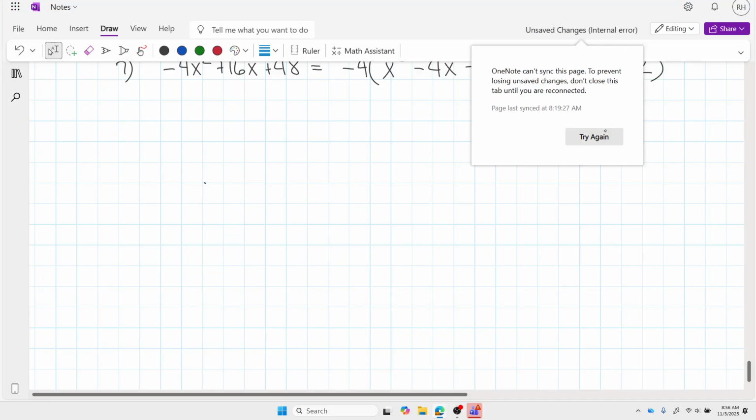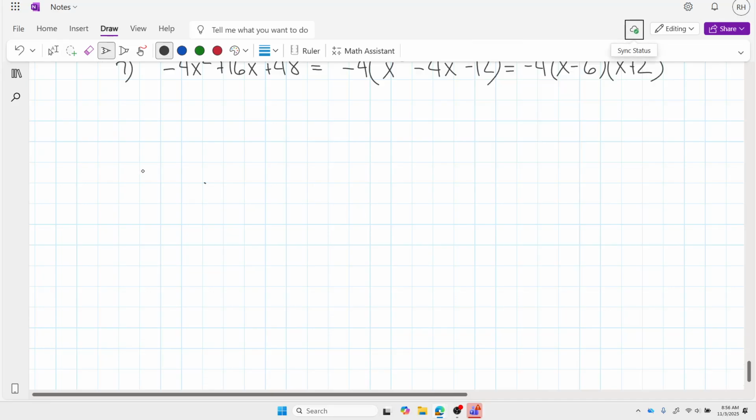All right, so today we're going to be on page 311, and we're working with right triangles, congruence.